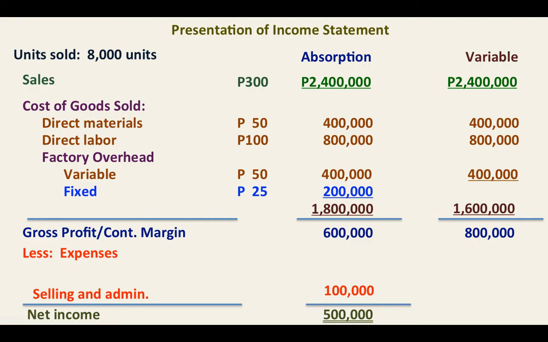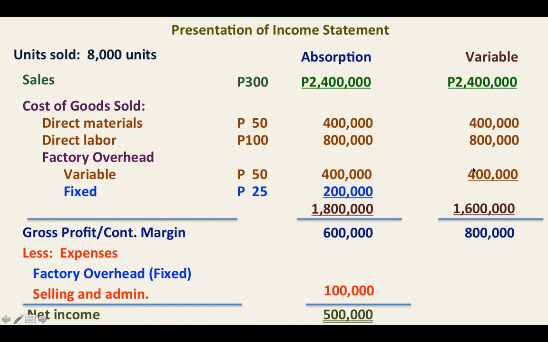Okay? But, class, now this fixed cost will be presented as period cost. So, this 200,000. Okay. However, class, itong 200,000 na to is based lang sa units sold. Kaya, 25 times 8,000 is 200,000.